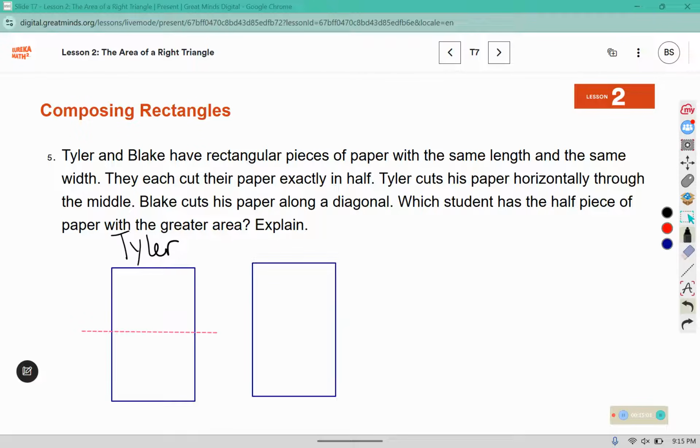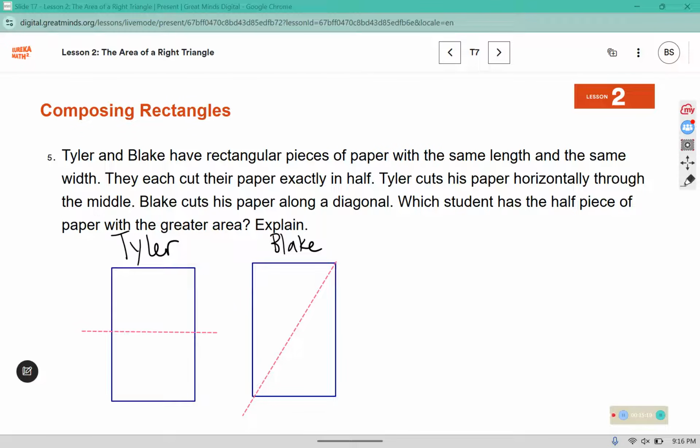Blake cuts his paper along a diagonal. Which student has the half piece of paper with the greater area? Explain.